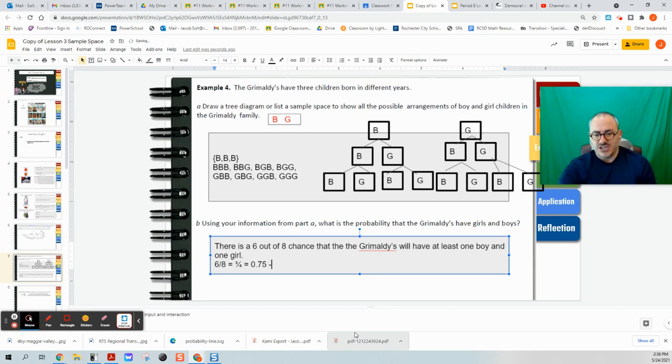This is basically a percentage expressed as a decimal out of 1. We can express this as 75% by multiplying it by 100, because a percentage is out of 100. So 75%. There's a 75% chance that the Grimaldis will have a combination of children with at least one boy and one girl.